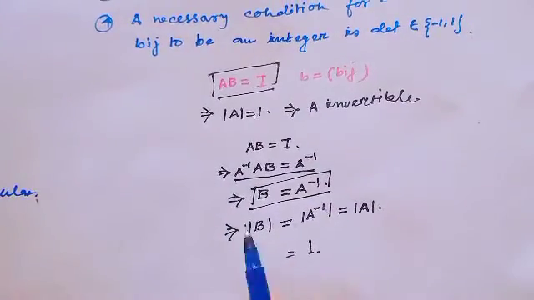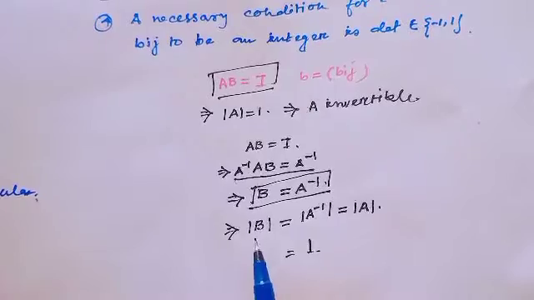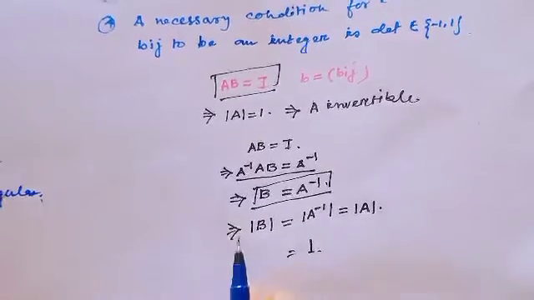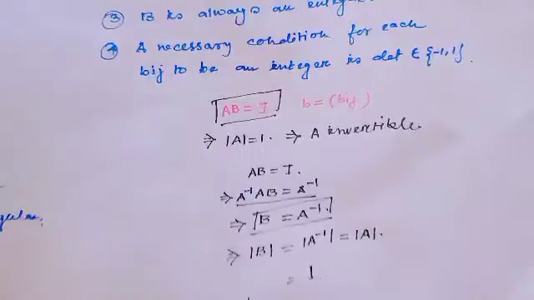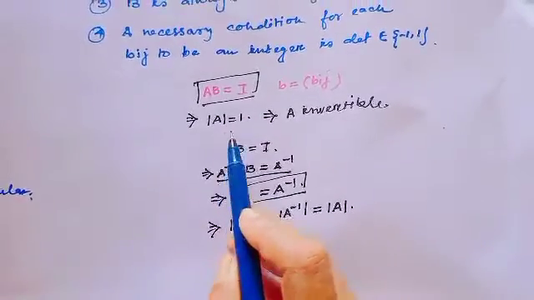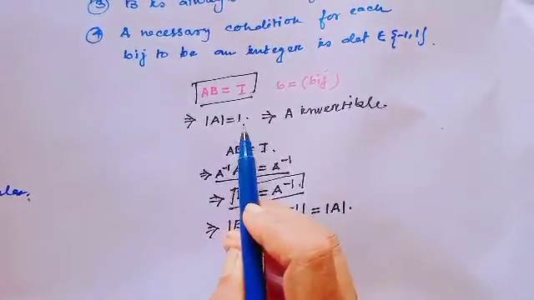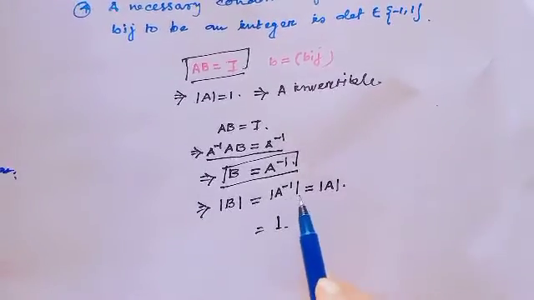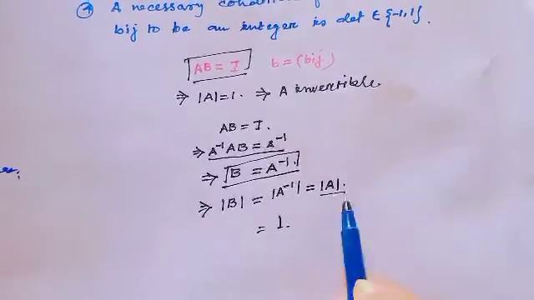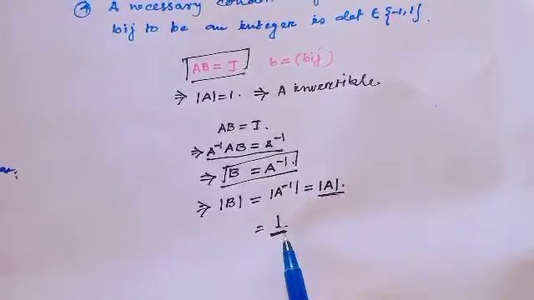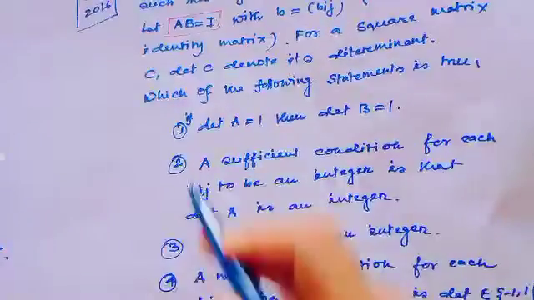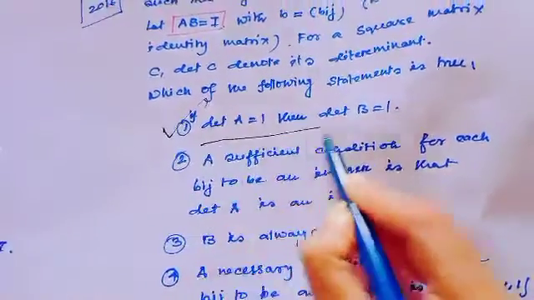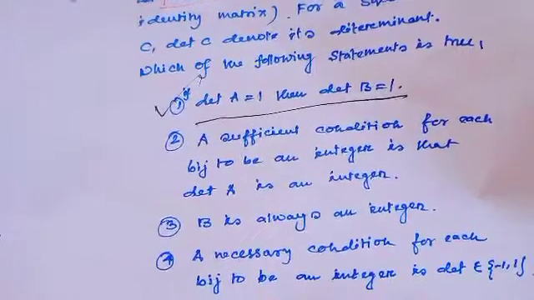Now apply det on both sides, then determinant of B equals determinant of A inverse. Since determinant of A equal to 1, obviously determinant of A inverse and determinant of A are the same, equal to 1. Therefore, option 1 is a right option: if determinant of A equal to 1, then determinant of B equal to 1.